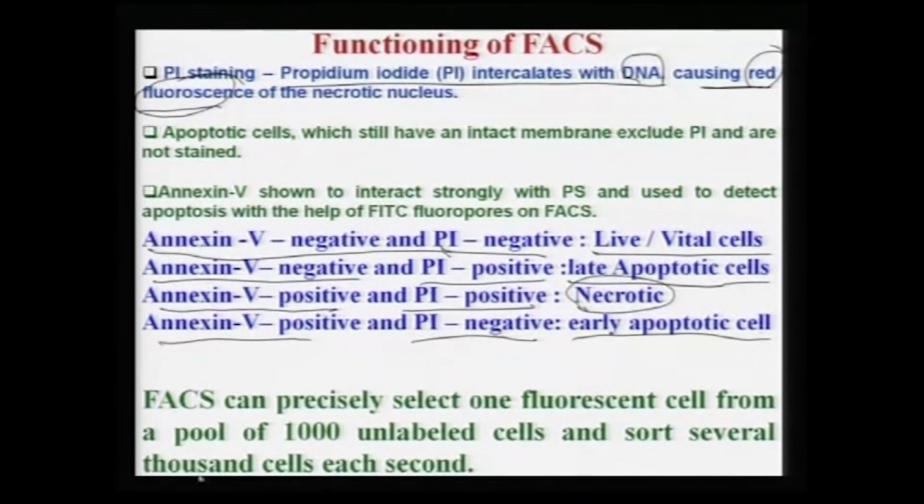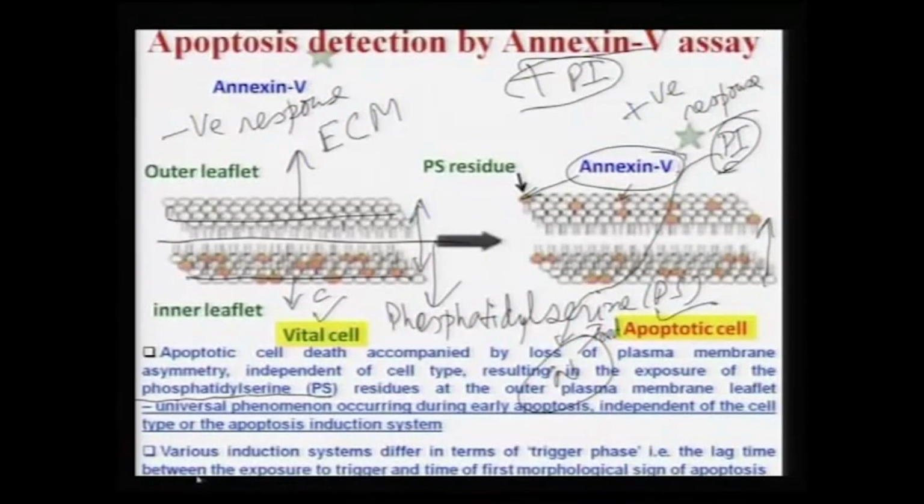If we go back to this one, then it is what I said. If both the annexin 5 and PI are negative, then cells are live cells, no confusion at all. If annexin 5 is negative, PI is positive, that means cells are going through the early apoptotic stage.